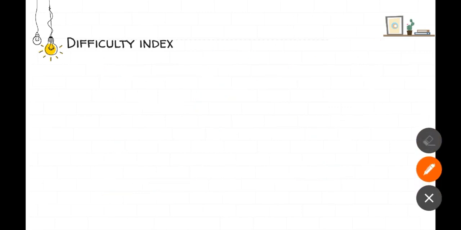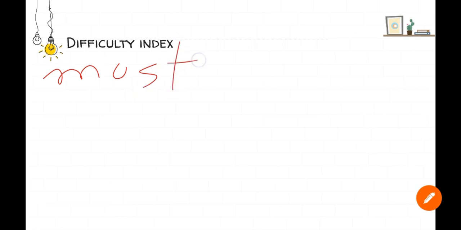So according to Pederson, it is most difficult when the total index value of the impacted tooth is between 7 to 10.